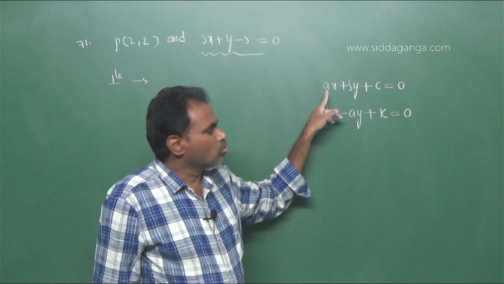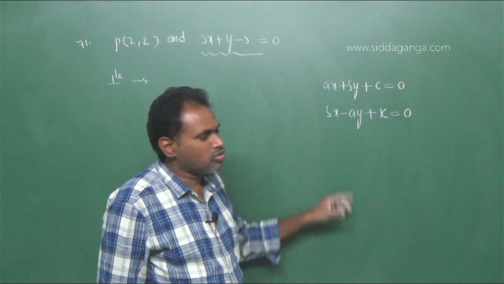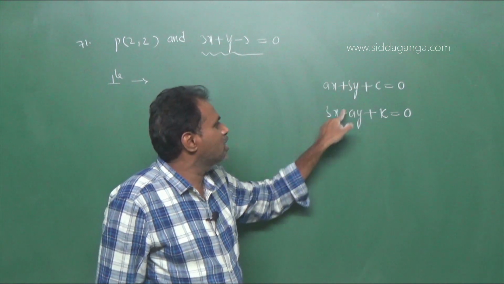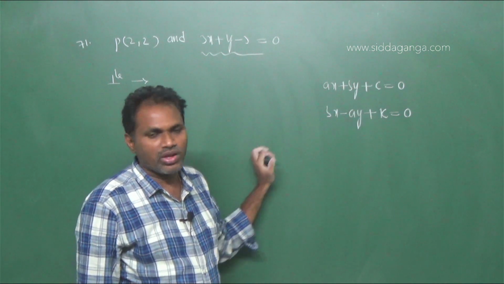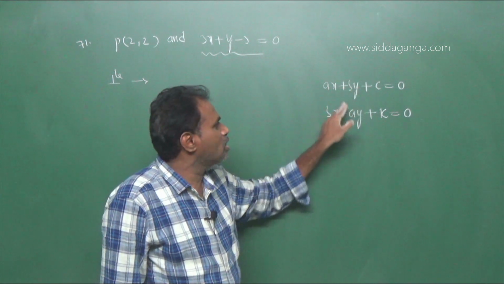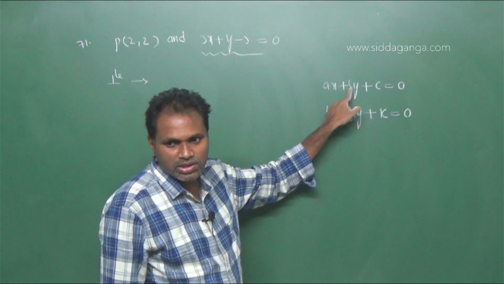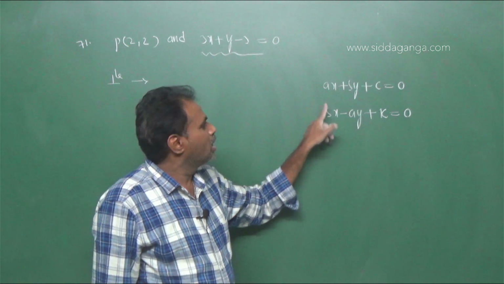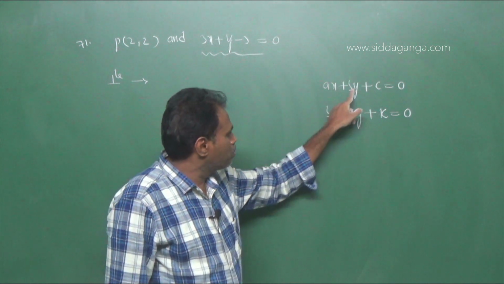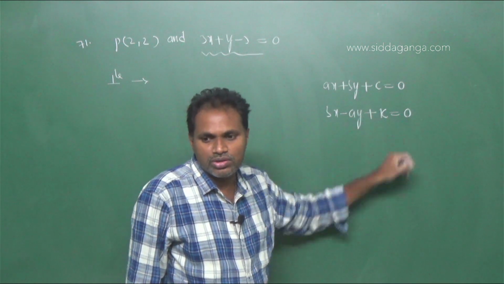You have to interchange the x coefficient and y coefficient and change the sign of one coefficient. That is bx, here b is the y coefficient, you write it for x, and a is the x coefficient, you write it for y. Therefore, bx minus ay plus k equal to 0, with the constant changed.